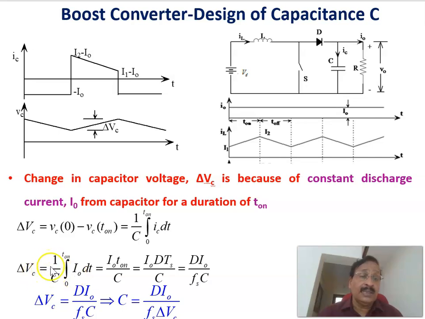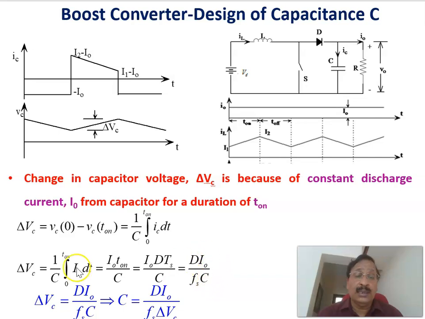Therefore, delta VC is given by 1 by C integral 0 to T on of I0 dt, or we get I0, the constant load current, into the on period T on divided by C, or I0 into T on equal to dTs divided by C, which is equal to d I0 divided by Fs into C, since Ts equals 1 by Fs.